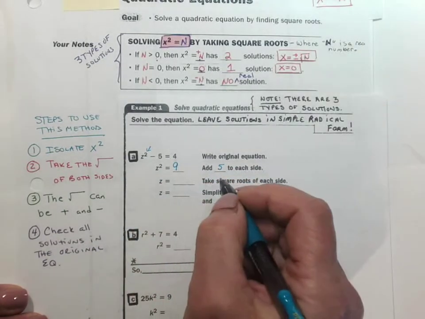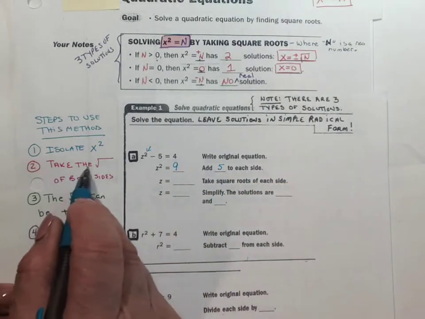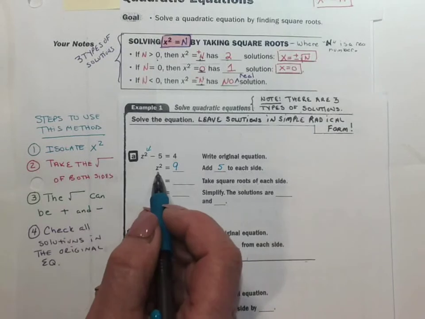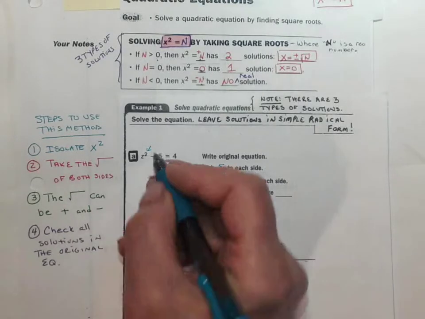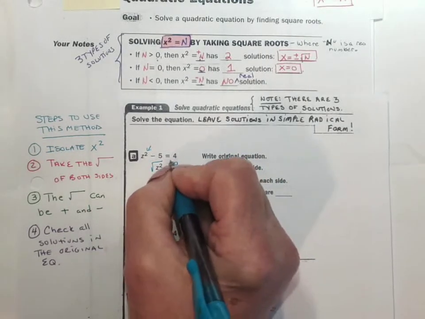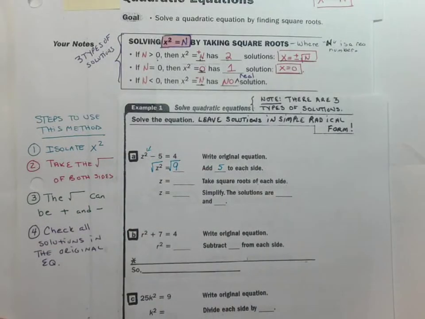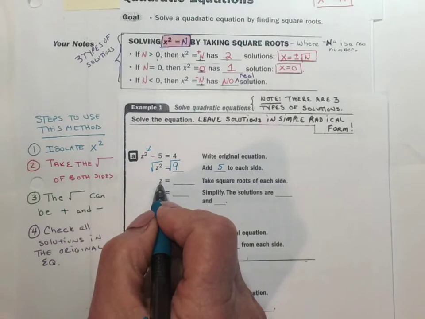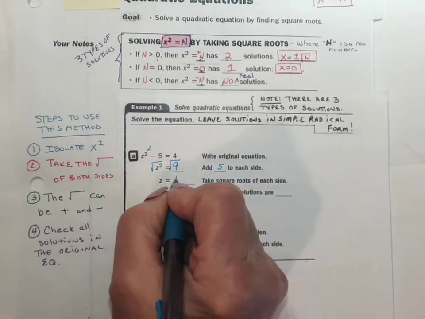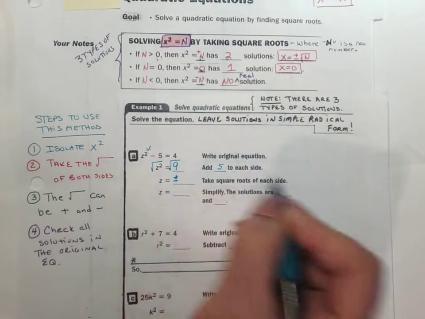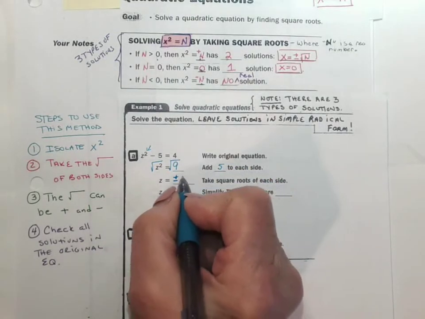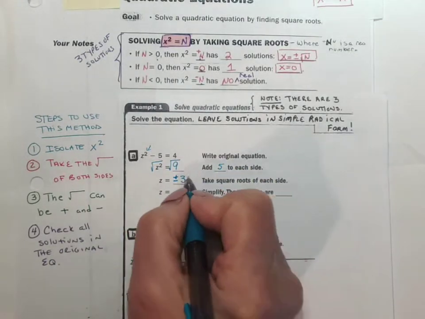The next step is we're going to take the square root of both sides, because the inverse operation of squared is the square root. We're going to get z equals plus or minus, the square root of 9 is 3.